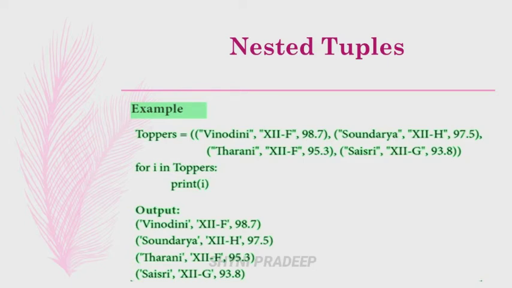For I in tuples, print I. Here you have to take the elements one by one for I. So first you are taking Vinodini 12th F 98.7. First it will be printed and next see the next I value Soundarya that will be printed, and next Dharani and next Shastri. All the elements will be printed like this.